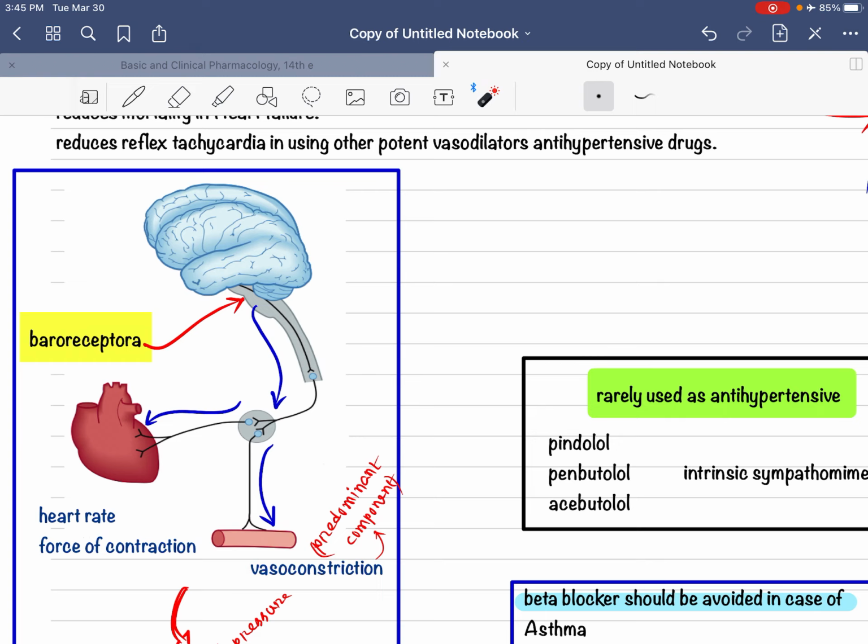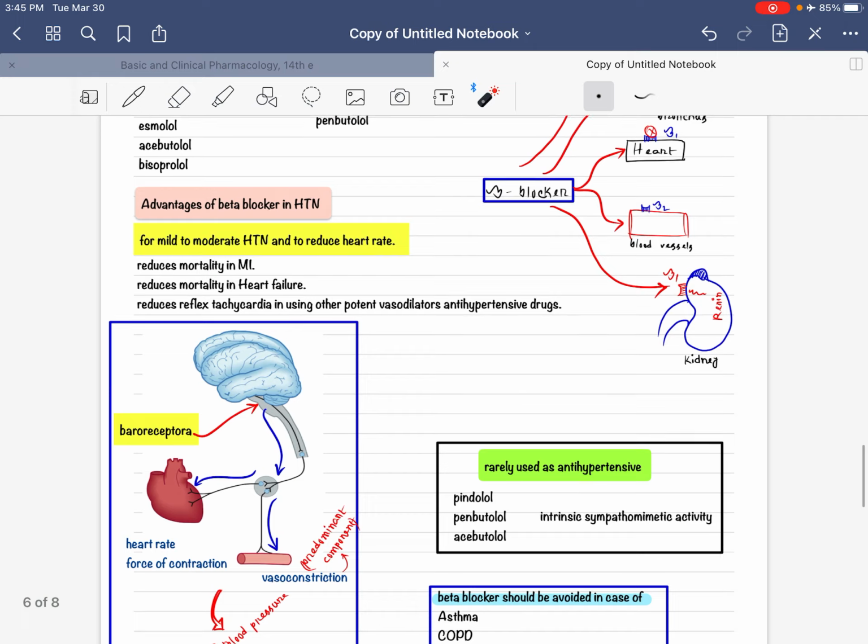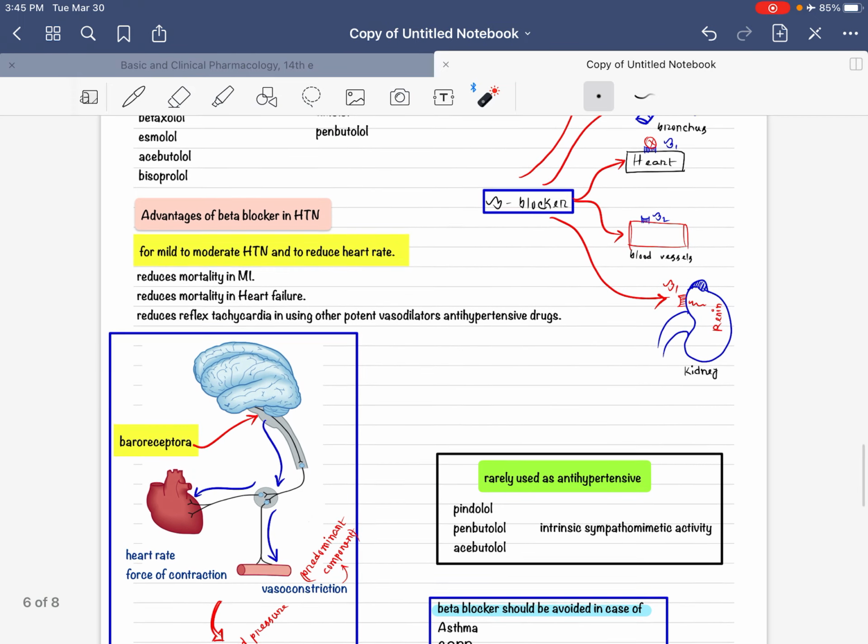That's why it can maintain postural blood pressure. That's why beta blockers cannot produce severe postural hypotension, because your blood vessel vasoconstriction can maintain that effect. So this is another important piece of information about beta blocker drugs.